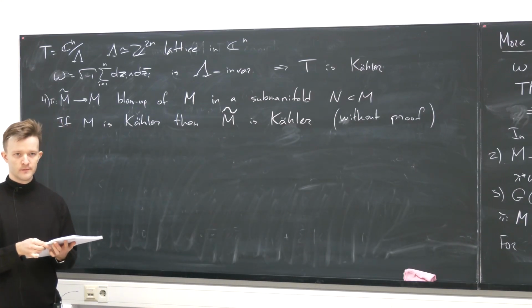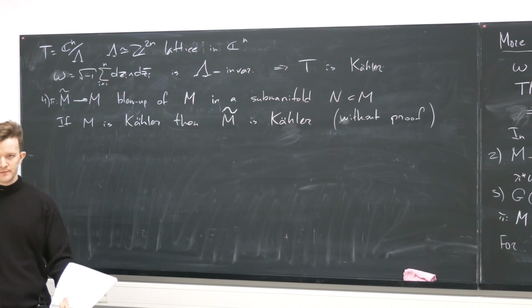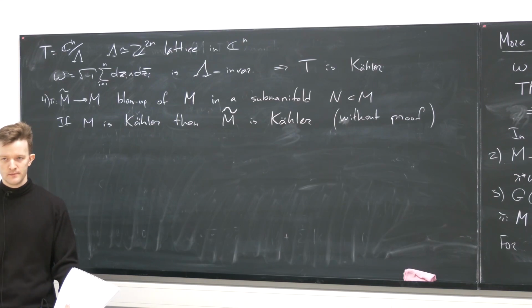So maybe you can present. The idea is to glue the original Kähler form on M and the Kähler form on CPN or something. Yes, it is correct, because the fibers are projective spaces. So you just need to somehow glue them.